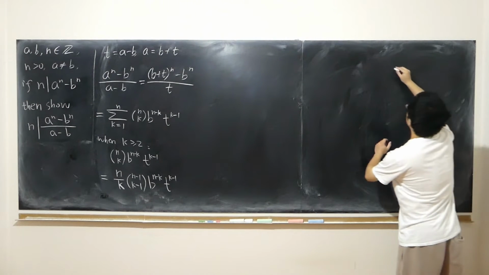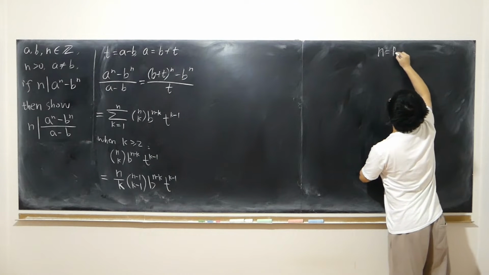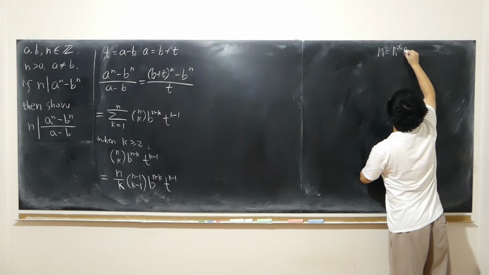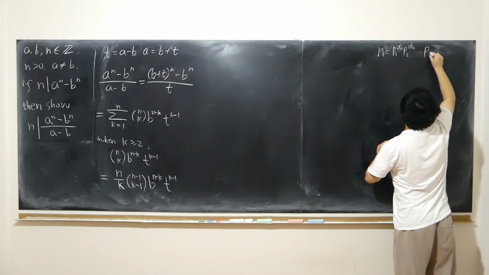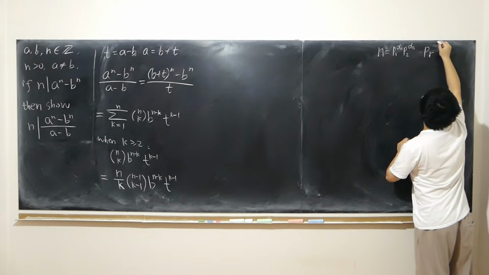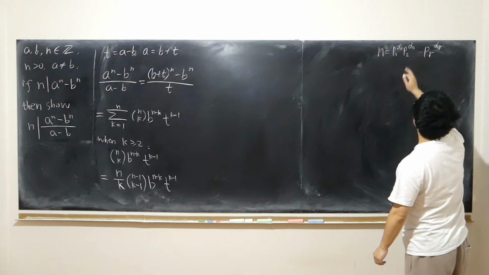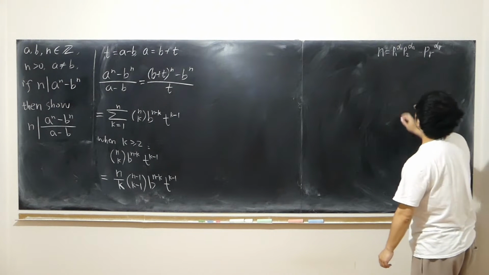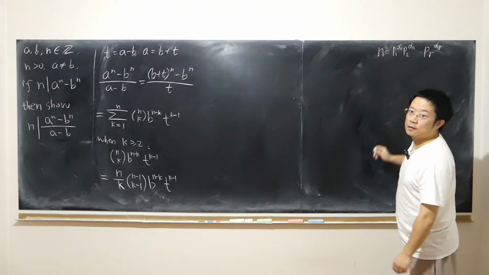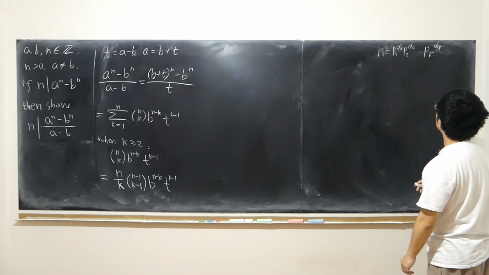Here I rewrite n into its unique prime decomposition, p1 to the alpha 1 times p2 to the alpha 2 all the way to pr to the alpha r. Every alpha is a positive integer, and all those p's are uniquely distinct.